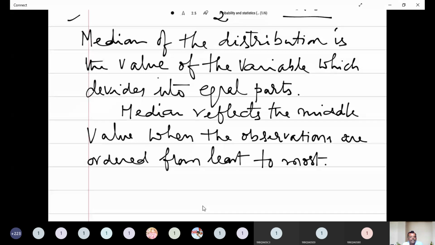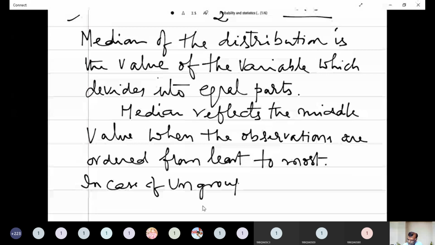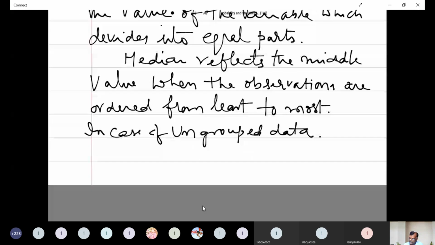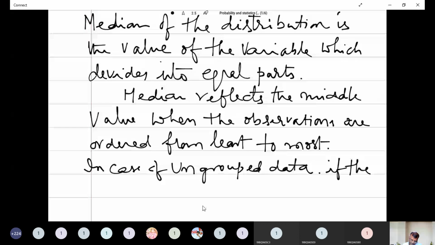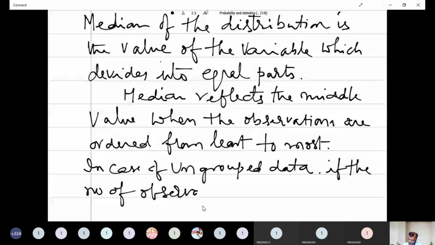Suppose in case of ungrouped data, if the number of observations is odd, then the median is the middle value.